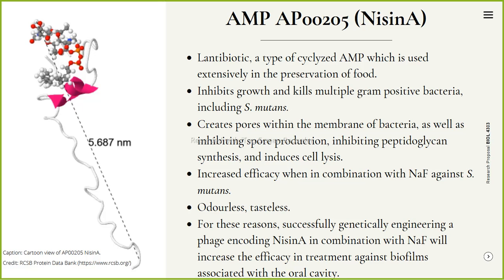The efficacy of nisin is increased with sodium fluoride. This is pretty good for us because sodium fluoride is already an agent used extensively within dentistry. I'm sure tons of your toothpastes and mouthwashes already have it in them, so it's already an agent that we're using regardless.